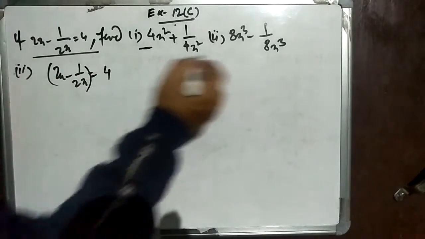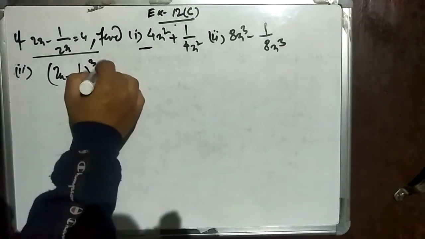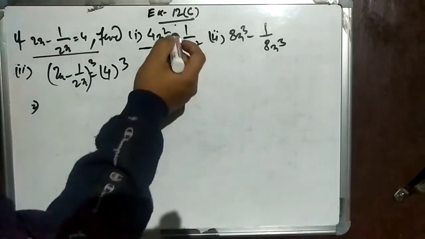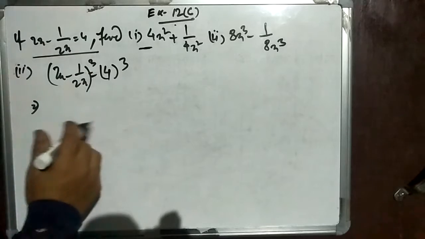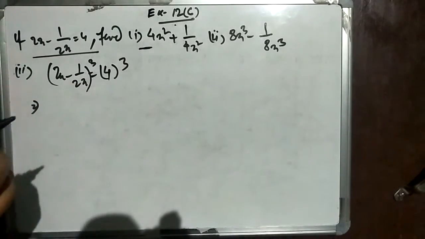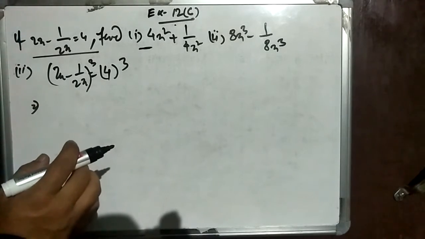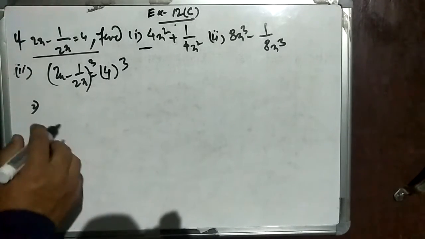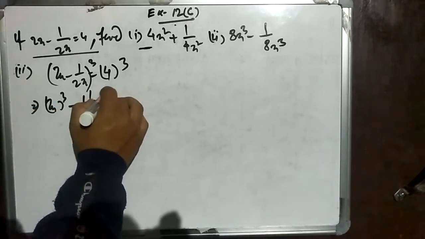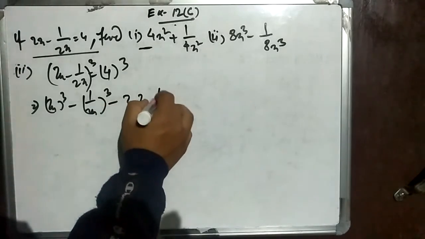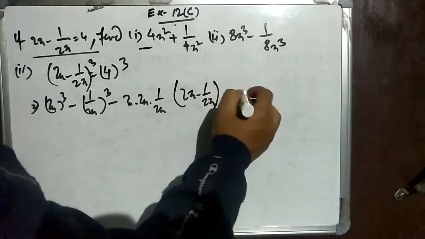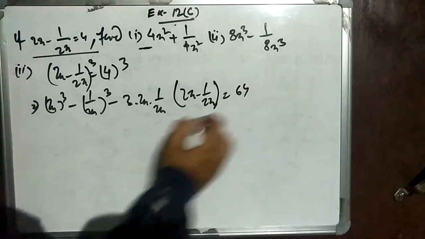As you can see there is a cube, so we can put cube here, the second term. So whatever is given here, you have to apply the same, apply the cube. If you are squaring, if it says find square, then you have to apply square here. So 2x minus 1 by 2x whole cube, a minus b whole cube. The formula is a cube minus b cube minus 3ab into a minus b equal to 4 cubed is 64.